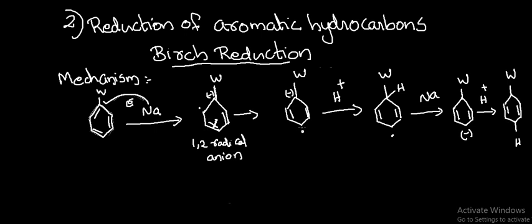Then it will be converted into a double bond here and a radical at the fourth position. This is our 1,4 radical anion.